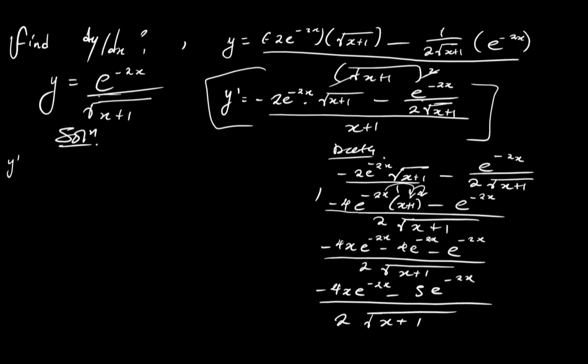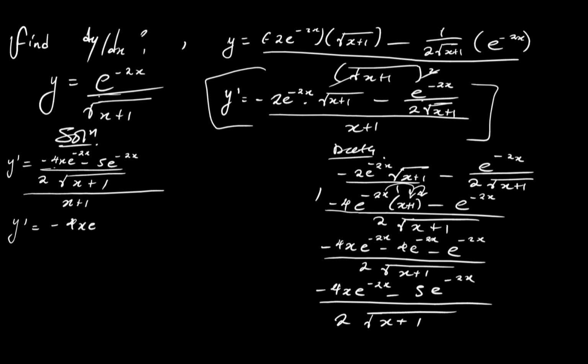So y prime is equal to the simplified numerator, which is minus 4xe to the minus 2x, then minus 5e to the minus 2x, over 2 root of x plus 1. And this is divided by x plus 1.